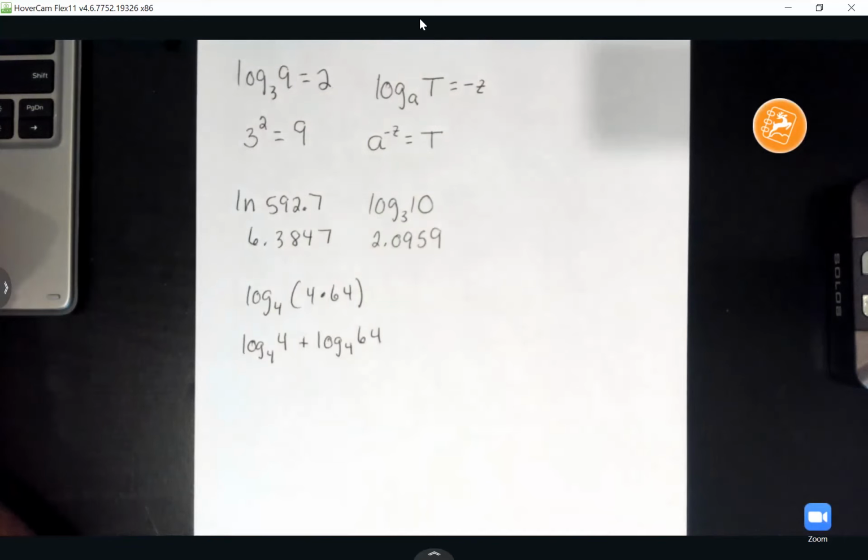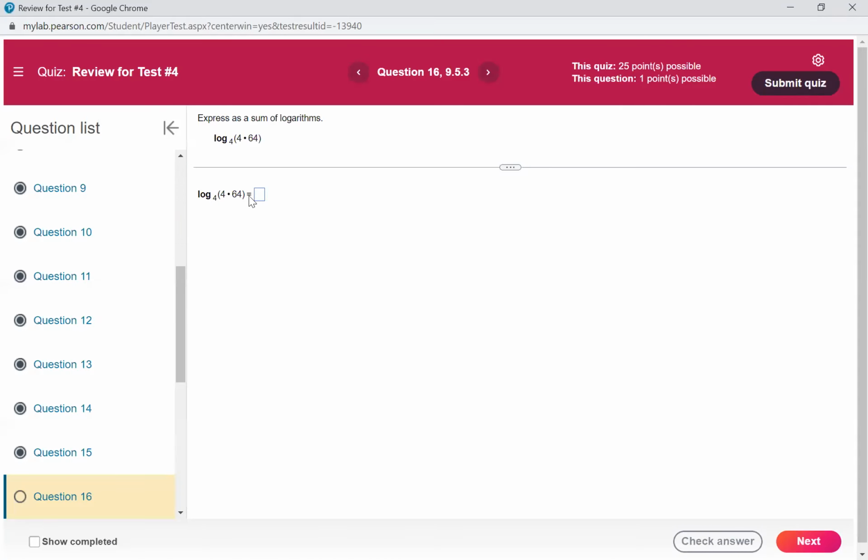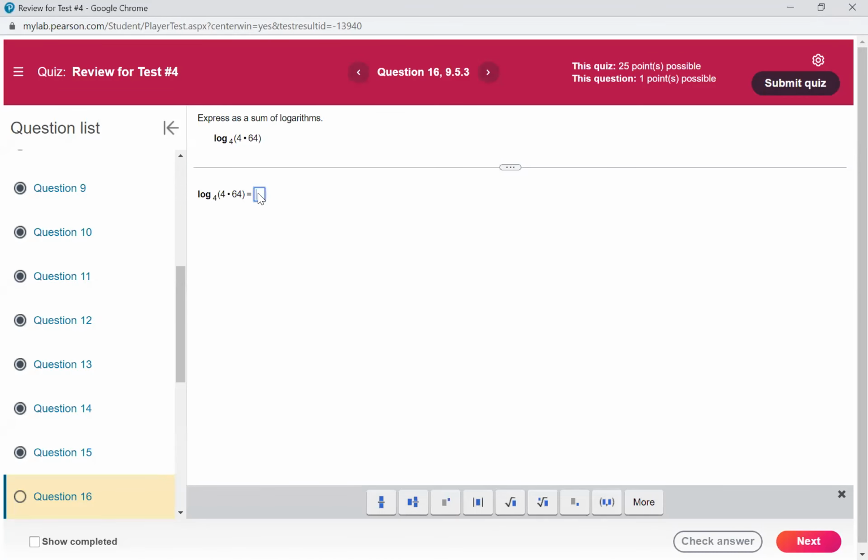So now, you gotta use the log, L-O-G, use the subscript with the box to the bottom right, and put in your 4, arrow out of that to the right, and put in the 4.